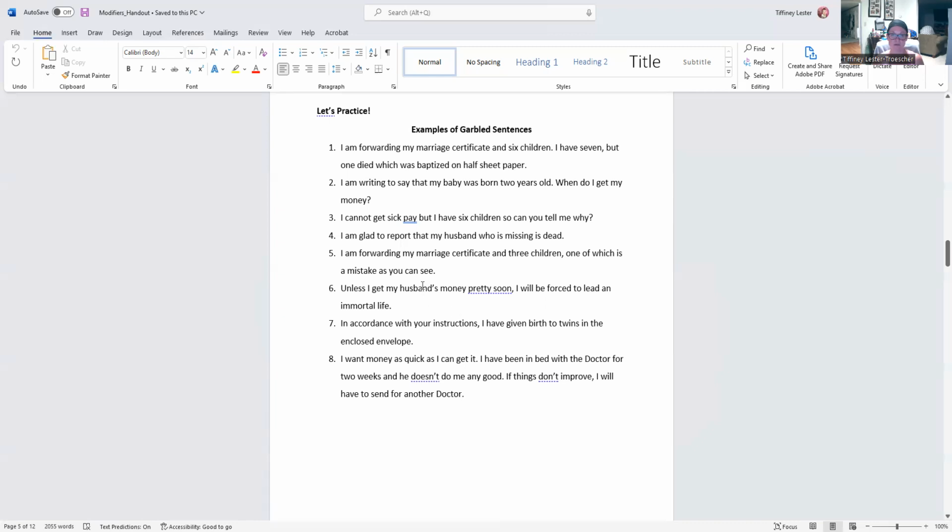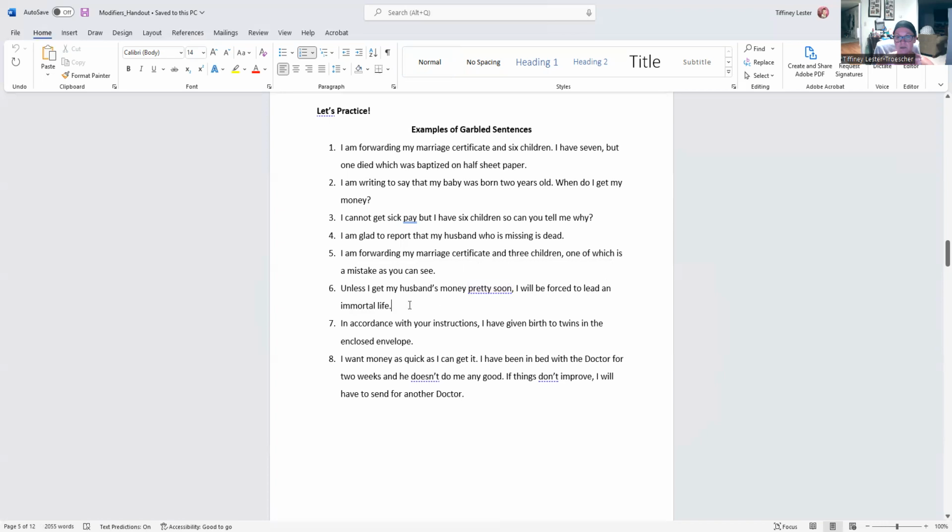Here's one. Unless I get my husband's money pretty soon, I will be forced to lead an immortal life. This could just be a simple editing error, proofreading error. It could be one of those moments where spell check doesn't actually help you because the word immortal here is spelled correctly, but it's not the right word, because immortal means that you never die.